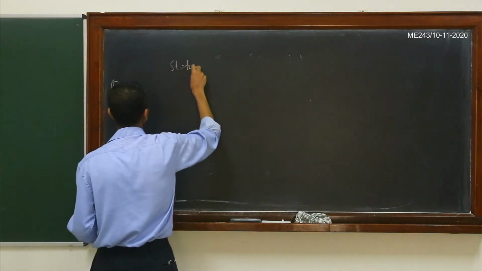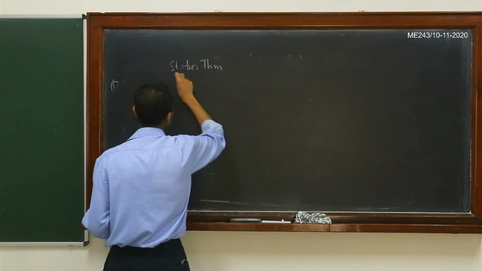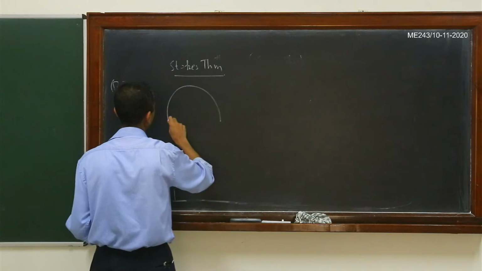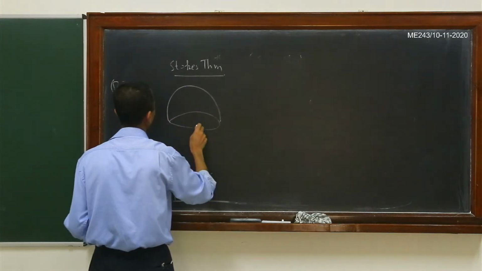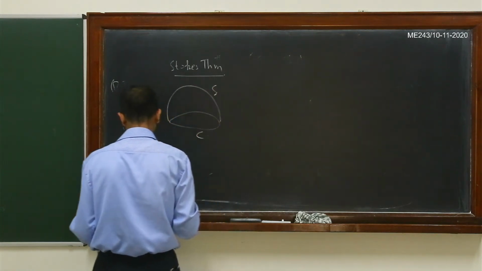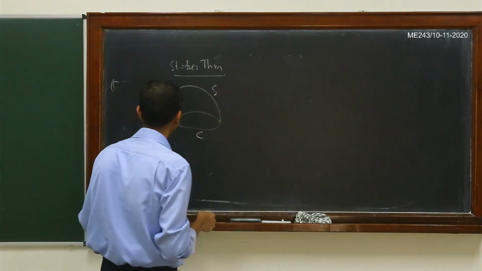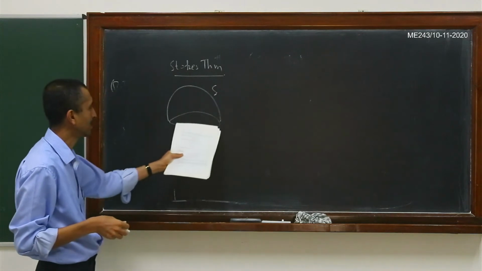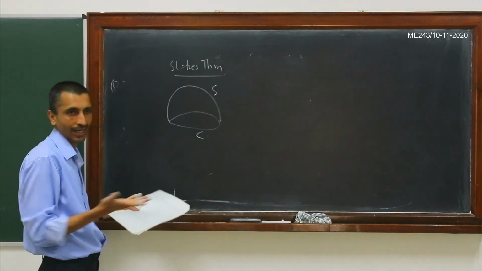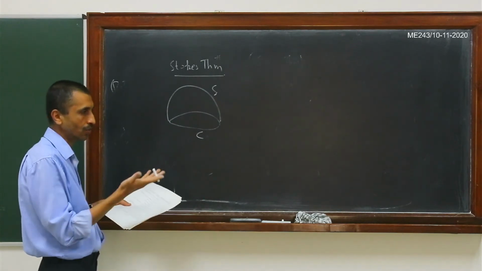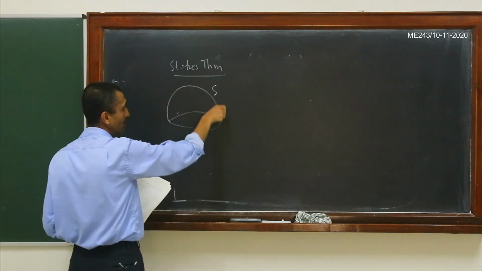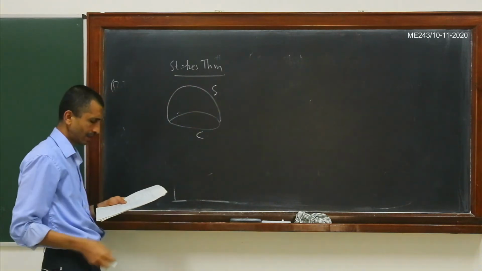Anyway, Stokes theorem. Suppose you imagine that C is some contour, and S is the surface corresponding to that. Basically S is the surface which is enclosed by this contour C. You can imagine that you have a tennis ball and you are cutting it, let us say at the equator. That cut portion is the contour, and the surface of that ball is the S in that case.